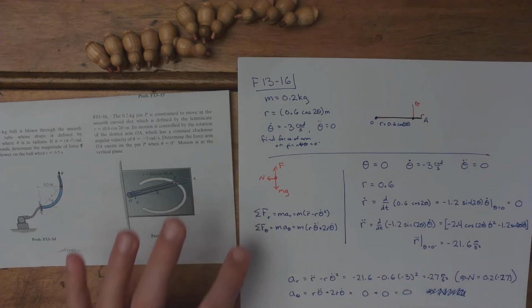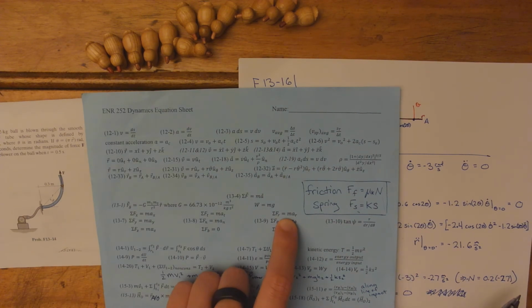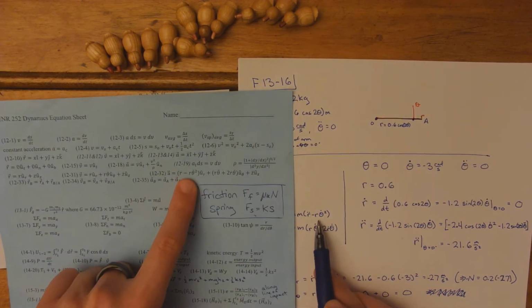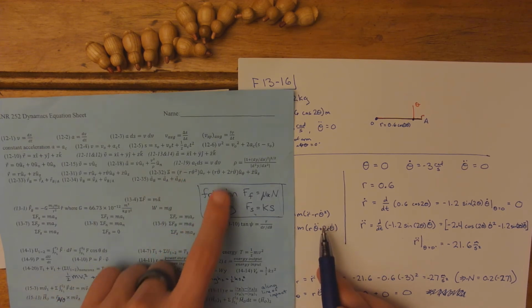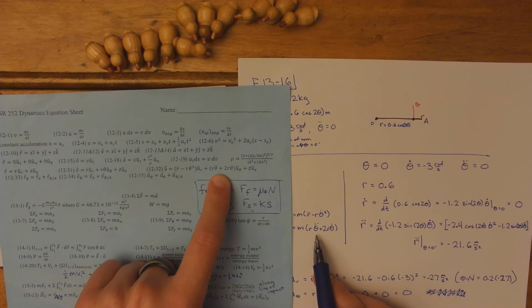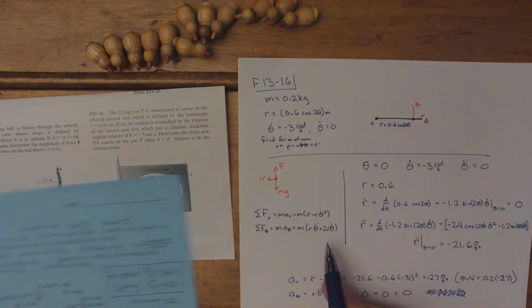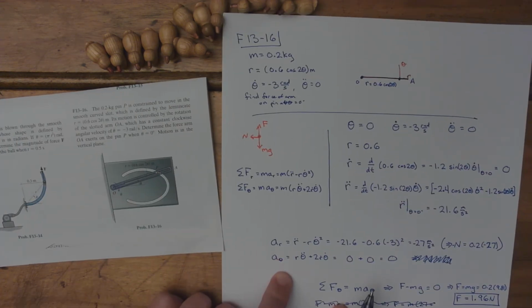Then I use, this is from the equation sheet, in the radial direction I sum up the forces. The radial component of the acceleration is r double dot minus r times theta dot squared, and the transverse component of the acceleration is r times theta double dot plus 2 times r dot times theta dot. So I'm going to figure out what the radial and the transverse components are by plugging in what I have here.